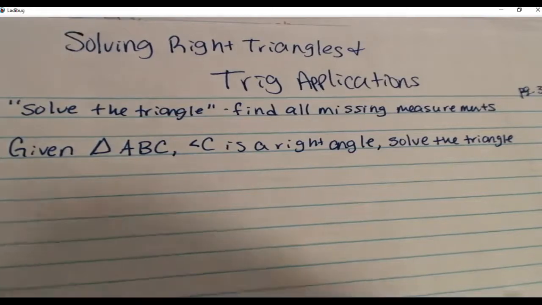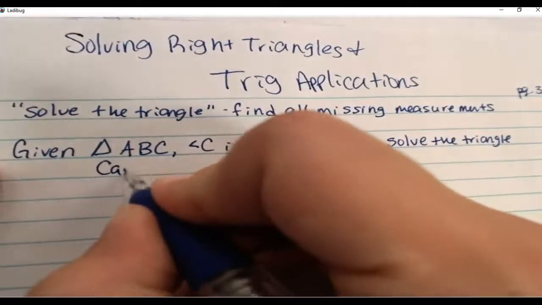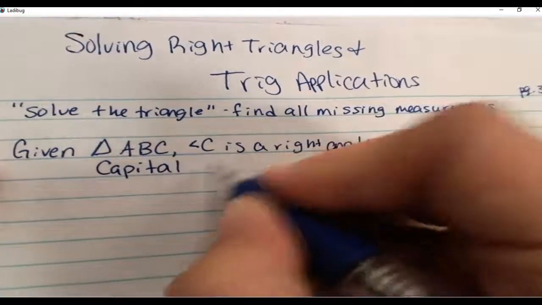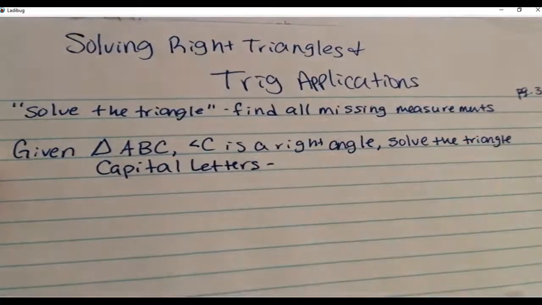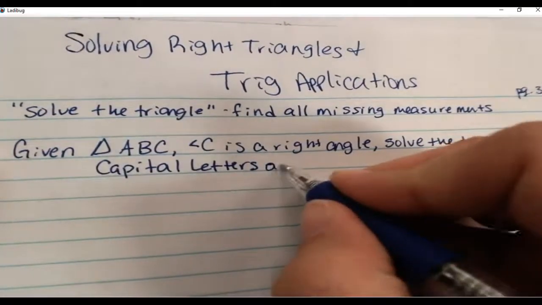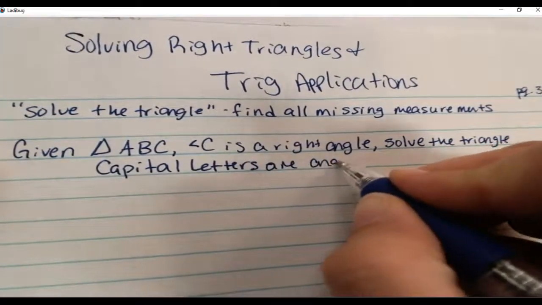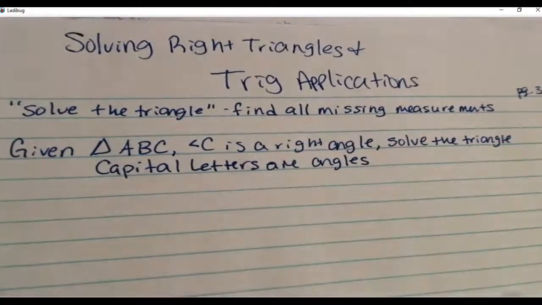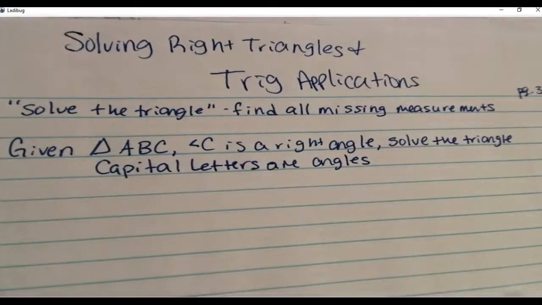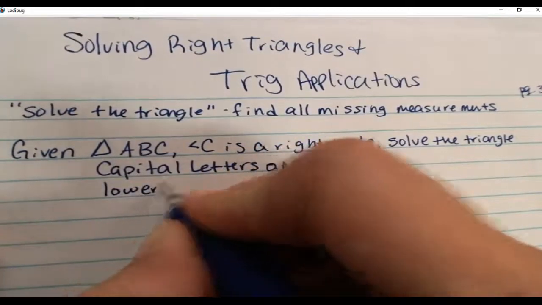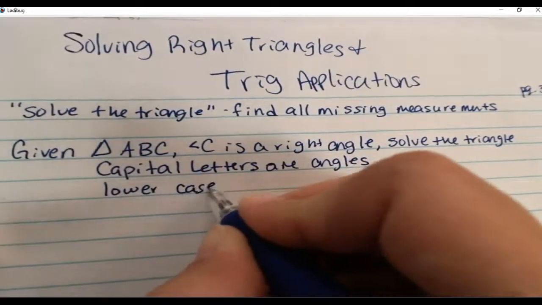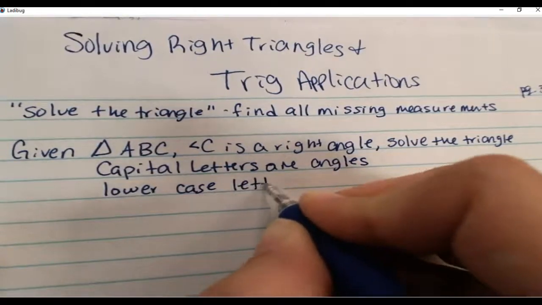If you have capital letters, those are always angles. So in this one, triangle ABC, capital A, capital B, capital C, those are our angles. And then lowercase letters are sides.